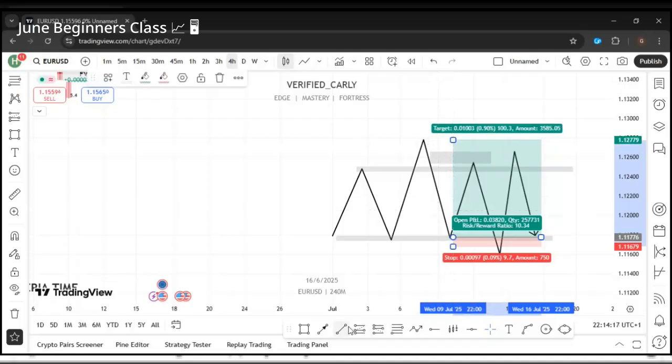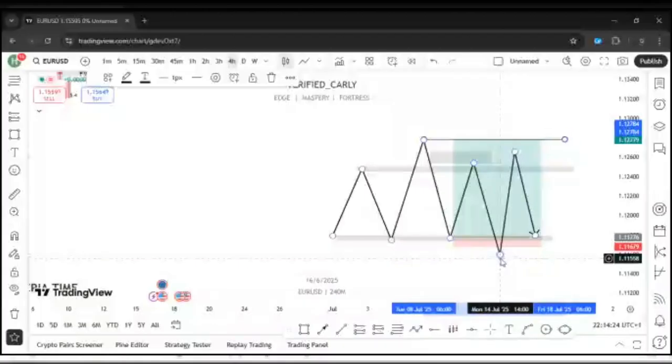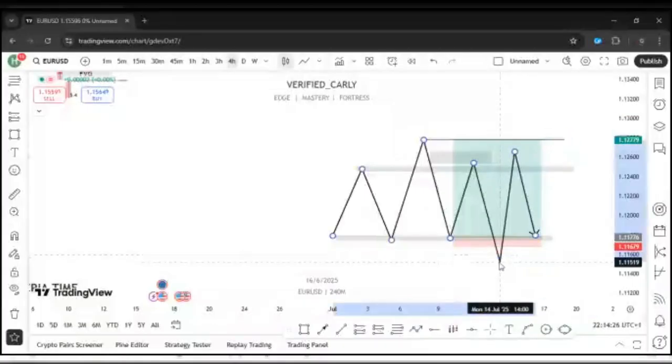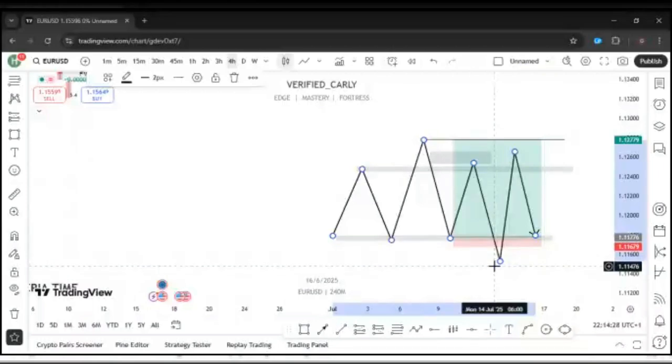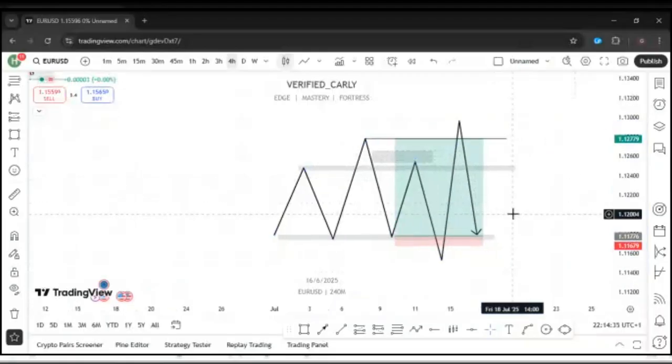Smart money might push price downward to take you out. You are seeing it, right? It will take you out, hit just the stop losses, and then reverse back up to the direction they want it to go.